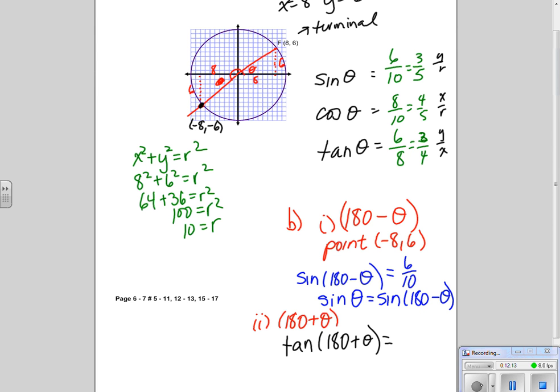Tan of this angle is going to be y over x, and y over x would be negative 6 over negative 8, which is the same as 3 over 4 when I reduce. Notice that tan of 180 plus theta is the same as our original tan theta.